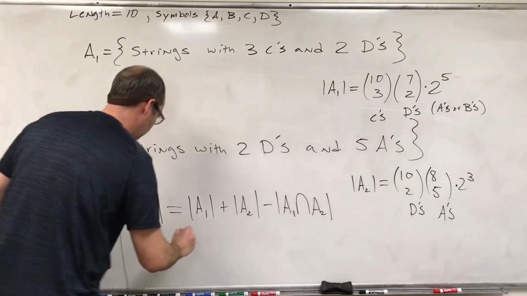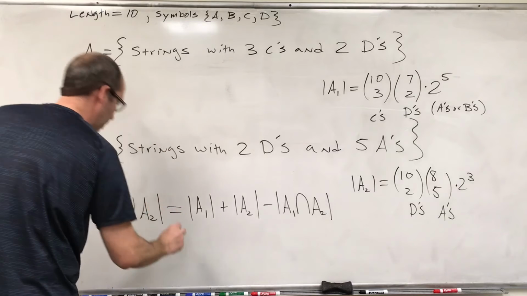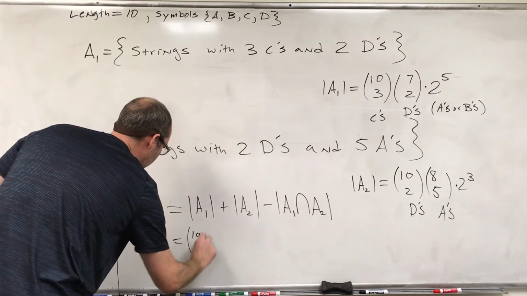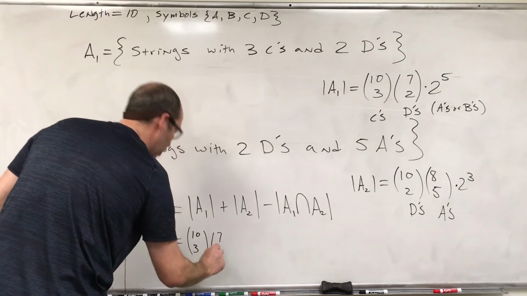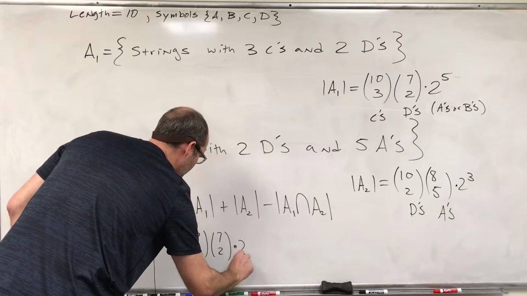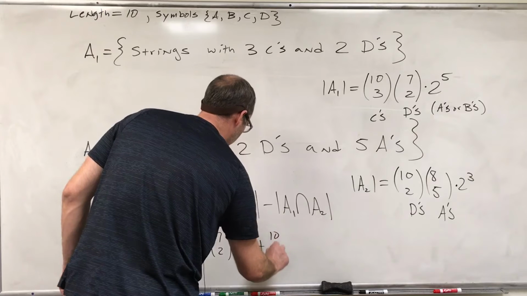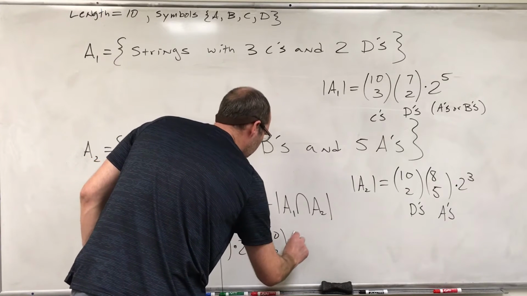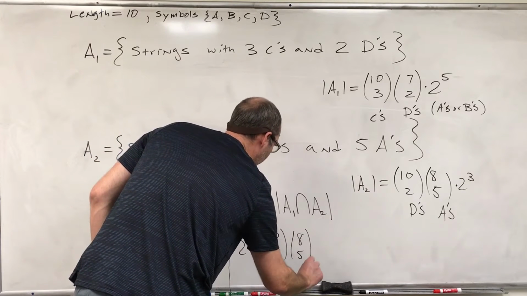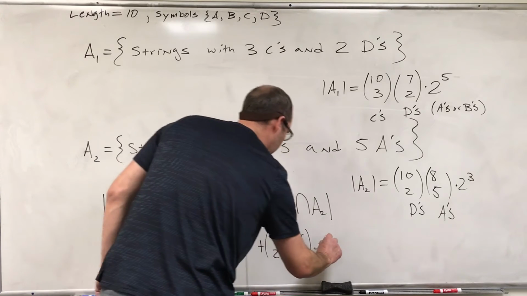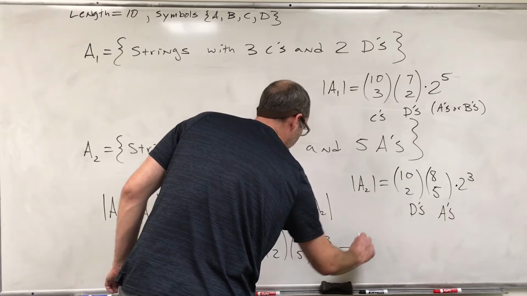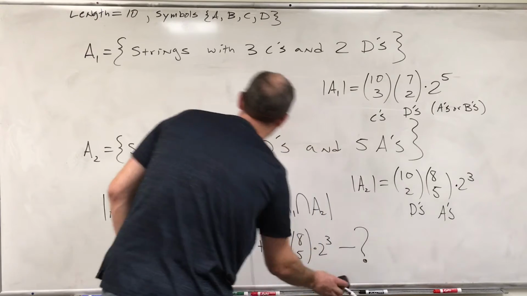Okay, so like we found there, A1 was 10 choose 3, 7 choose 2, times 2 to the 5th, plus A2, which we found was 10 choose 2, 8 choose 5, 2 cubed. And now we've got to figure out what we're going to subtract off.